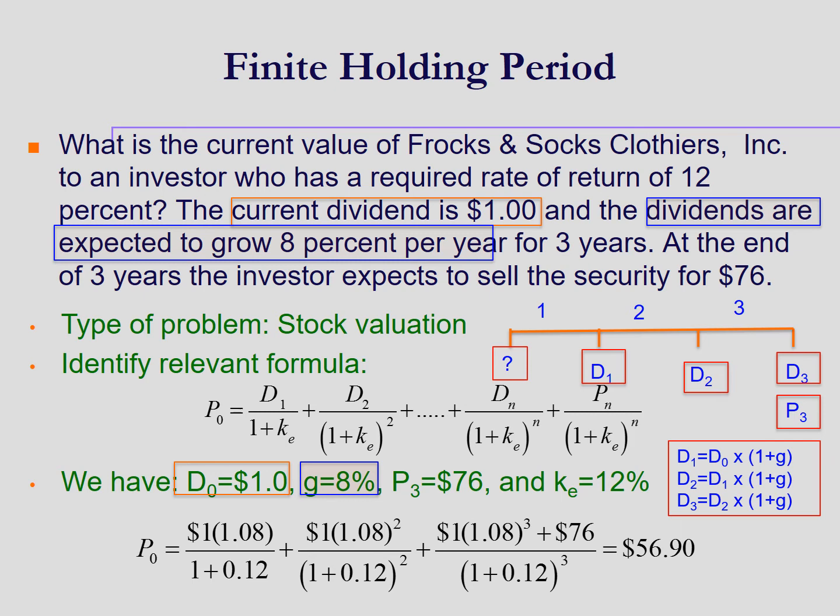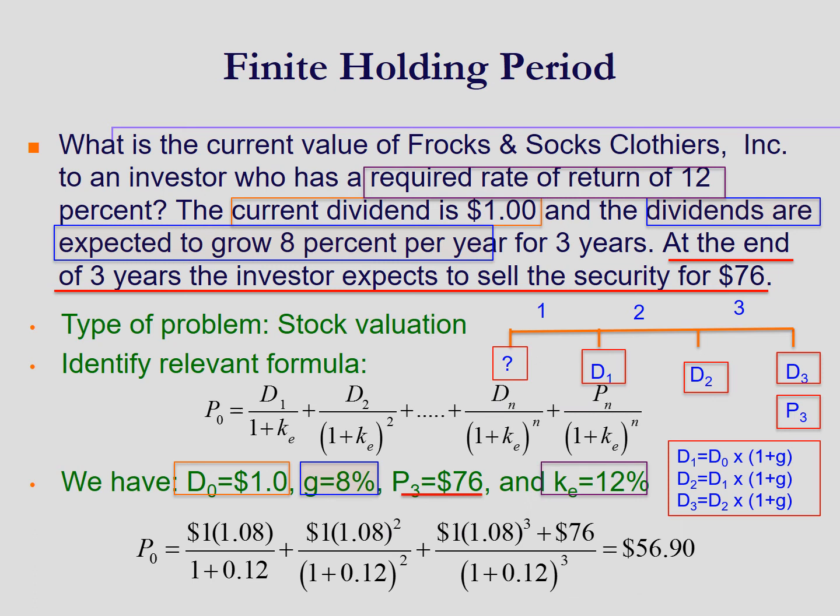We have the information for P3, the price at the end of year 3, equal to $76, and the required rate of return KE equal to 12%. Once we obtain all the information needed, we can apply the formula to solve the current share price P0.